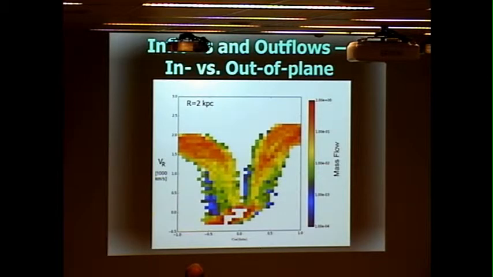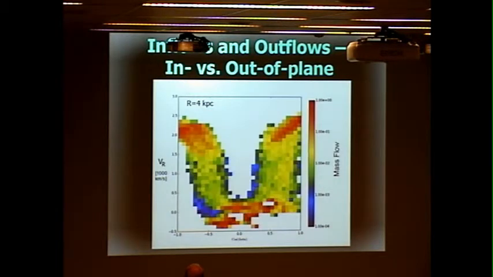You can see the vast majority of the outflowing gas at 2 kiloparsecs is really coming from an out-of-plane direction. There's a little bit flowing in and out in the relatively in-plane direction, but most of it's out of plane. As soon as you go to a larger radius, you completely lose the moderate velocity gas in the plane, and you're really only keeping the stuff that's strongly out of the plane.